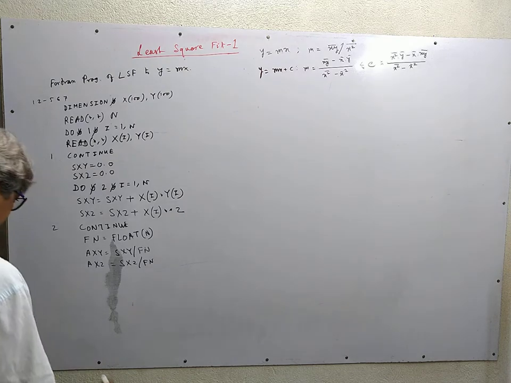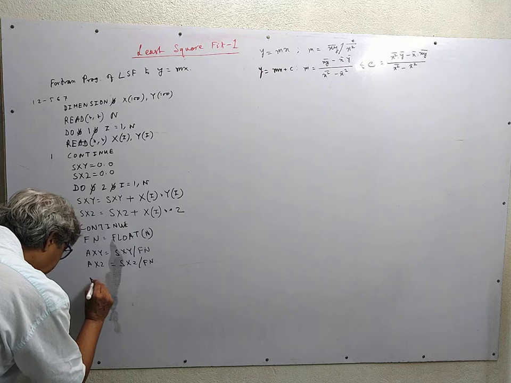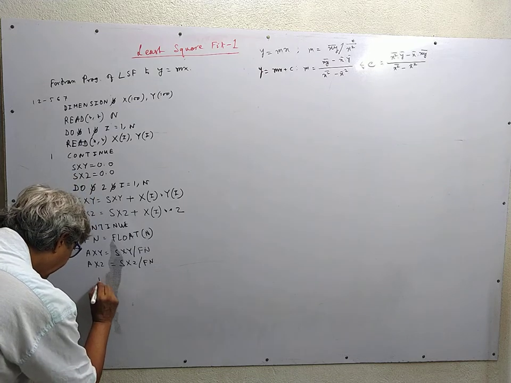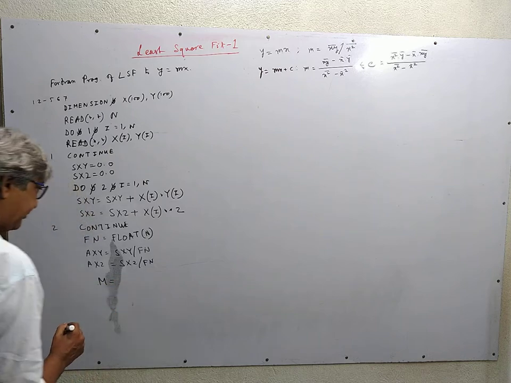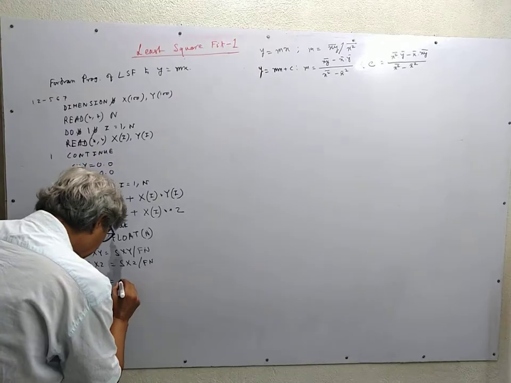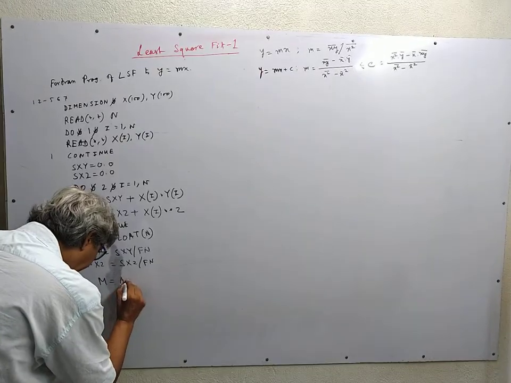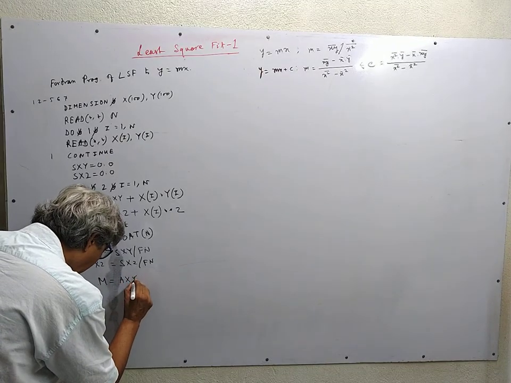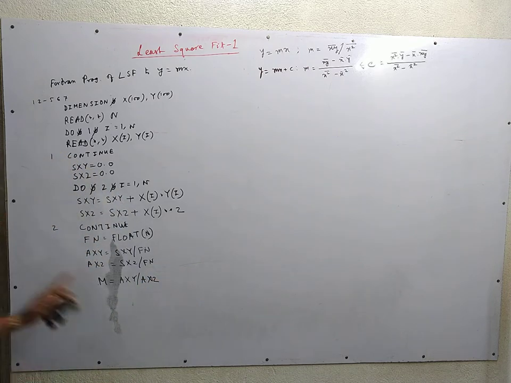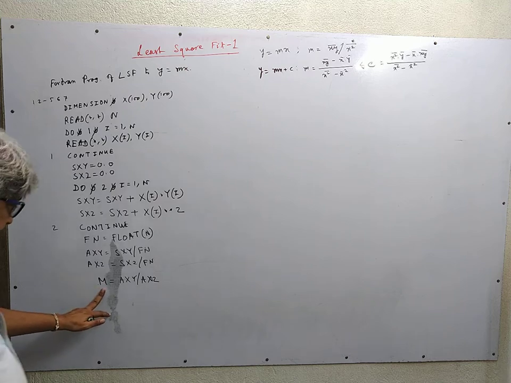Then m is, but if we write m is equal to axy by ax2, this will give you a wrong result because m is an integer.